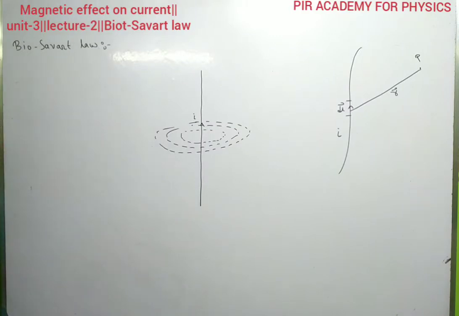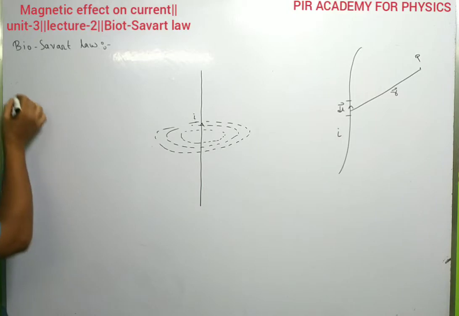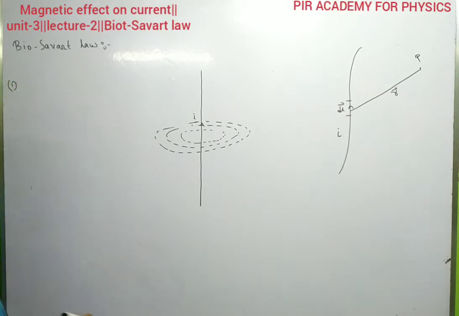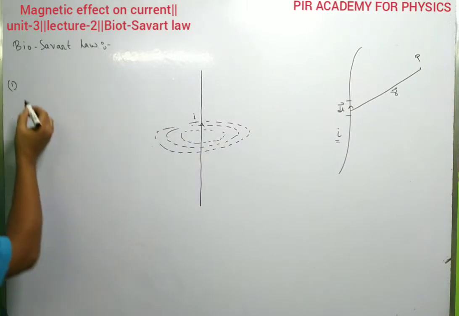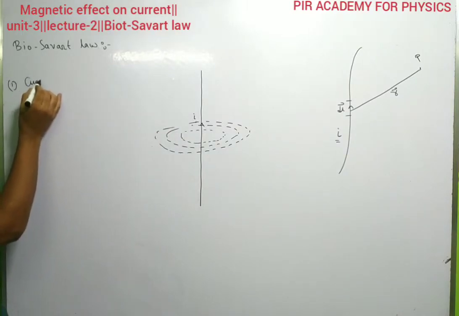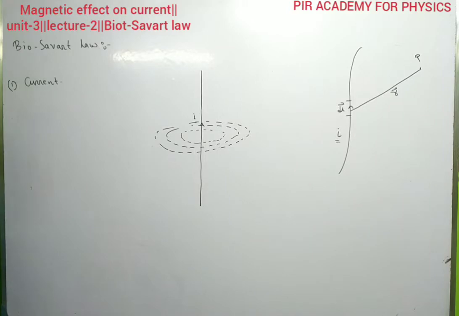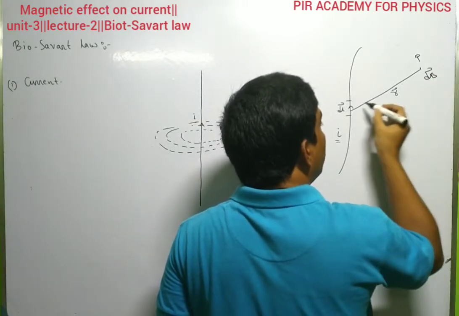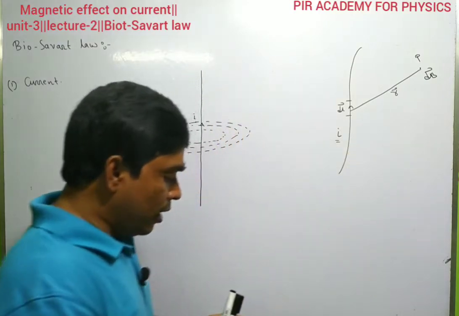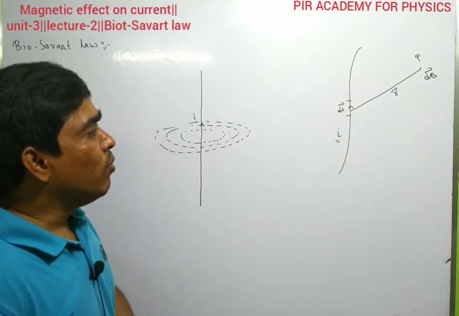Here you see the variable physical quantities. Number 1, the variable physical quantity is the current. Suppose the magnetic field due to this small element dl is dB.